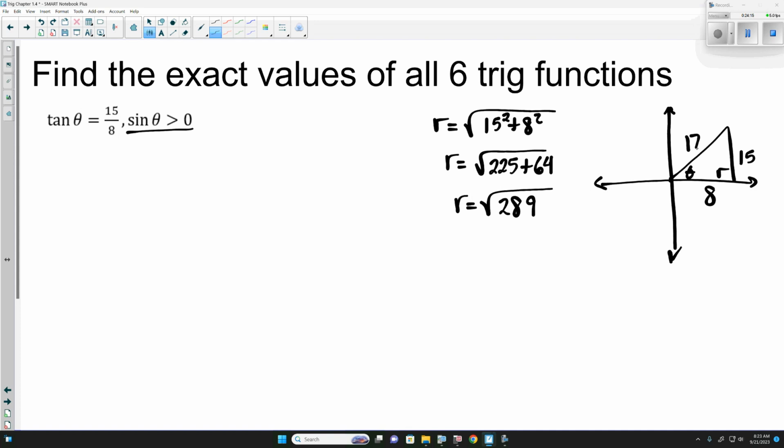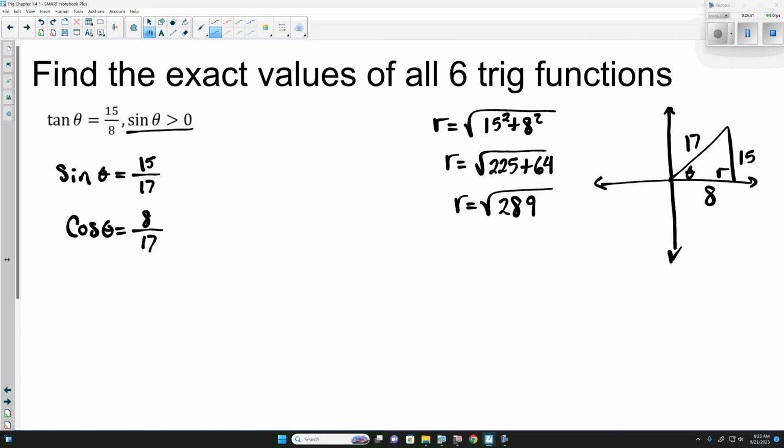So to find all 6 trig values, well, really we're not finding all 6, we're finding 5 because they gave us 1. So sine of this similar angle, the opposite side is 15, the hypotenuse is 17. Cosine of theta, adjacent side is 8, hypotenuse is 17.